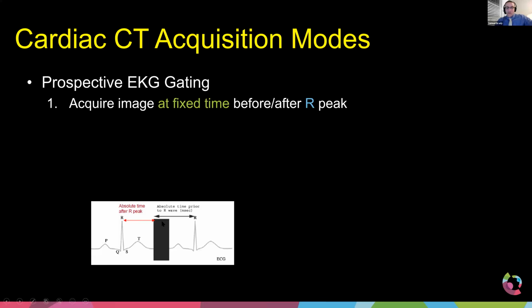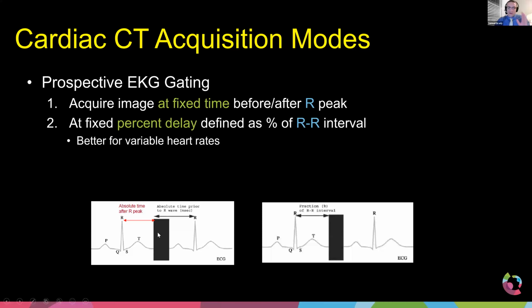And it will always turn it on, irrespective of what's happening. If for whatever reason the heart rate races and the second R peak gets compressed, or if there's an arrhythmia, with a fixed time the system will always turn it on and acquire right then. And so it can potentially miss that diastolic phase.